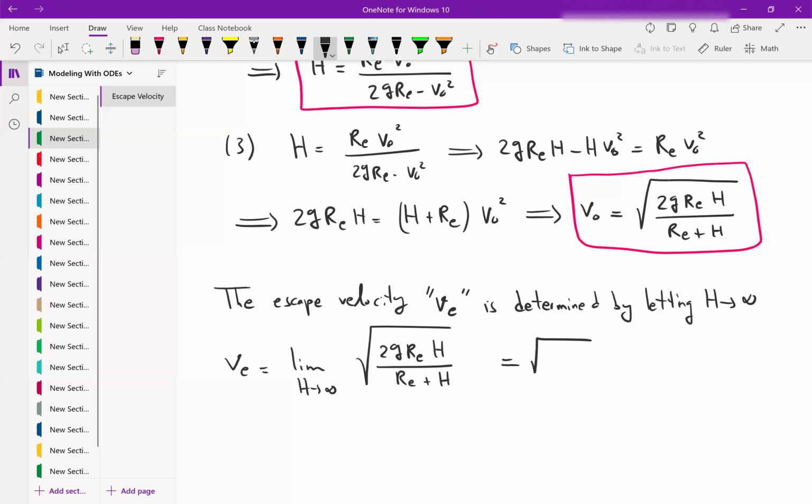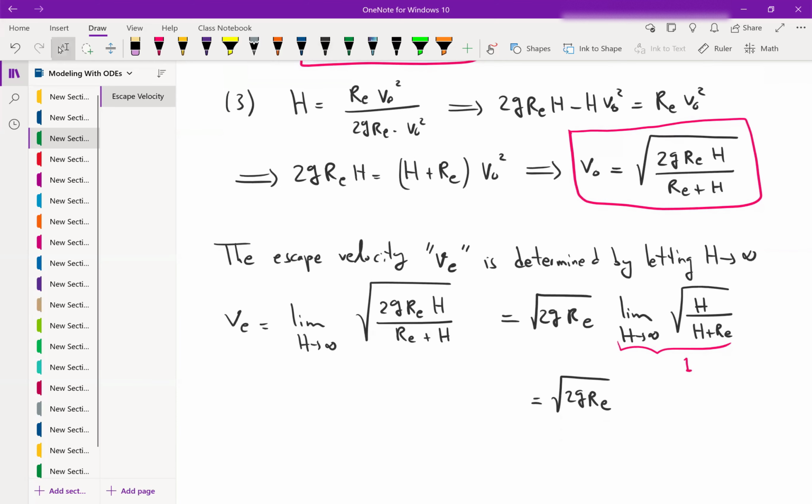This is the square root of 2GRE, and then the limit as H goes to infinity of the square root of H divided by H plus RE. As H goes to infinity, this RE becomes negligible. H over H will give me 1. You know from Calculus 1 that this limit is equal to 1. So the escape velocity is equal to the square root of 2GRE. That is the escape velocity.